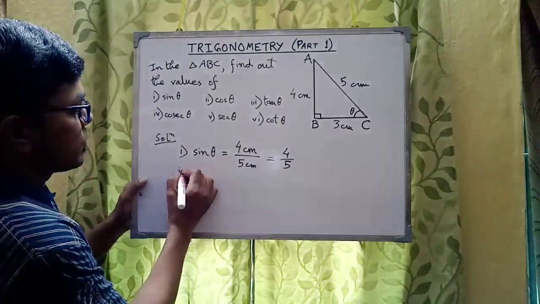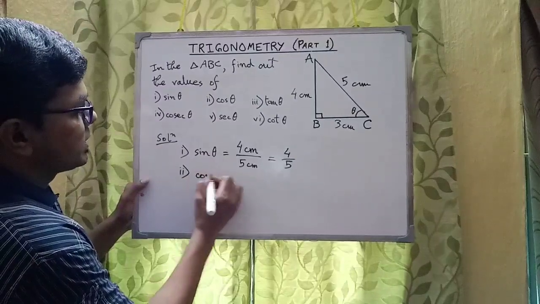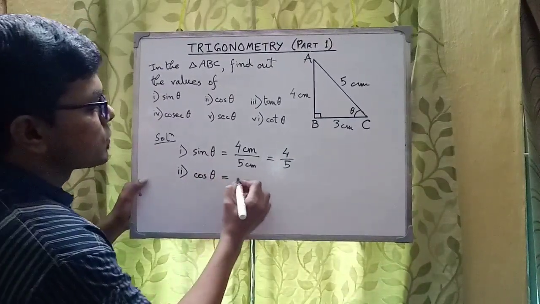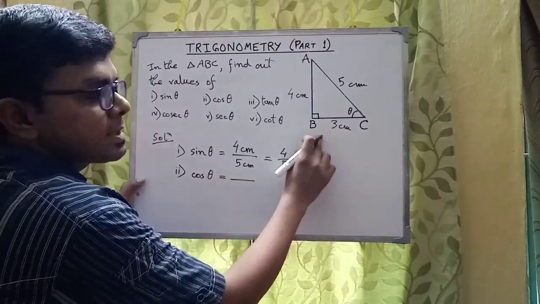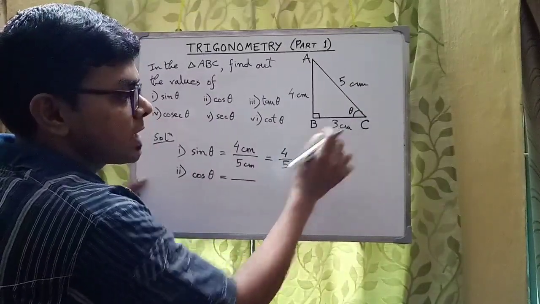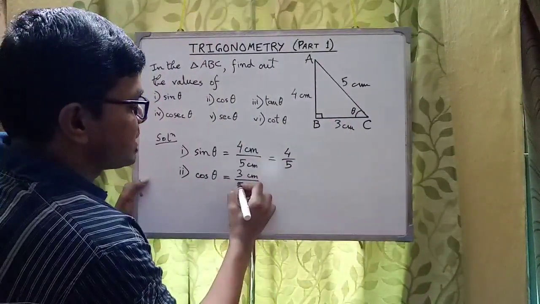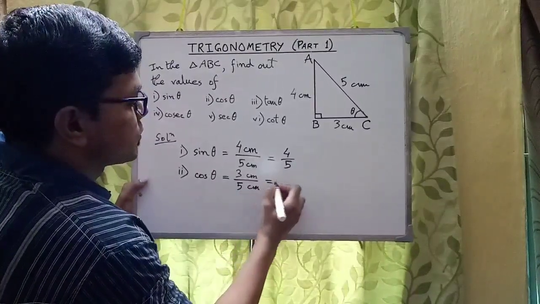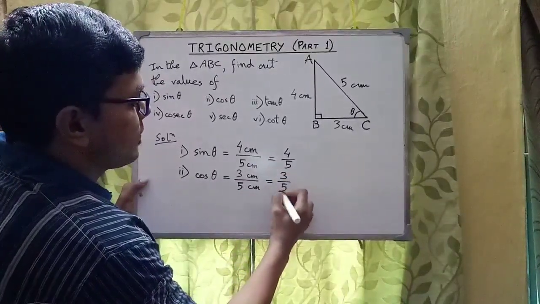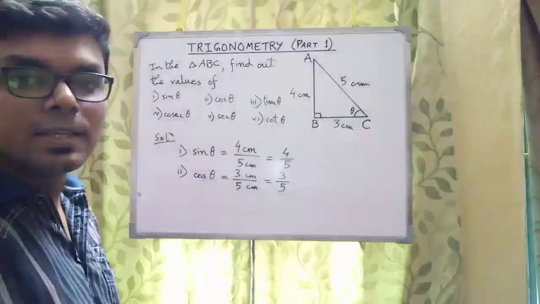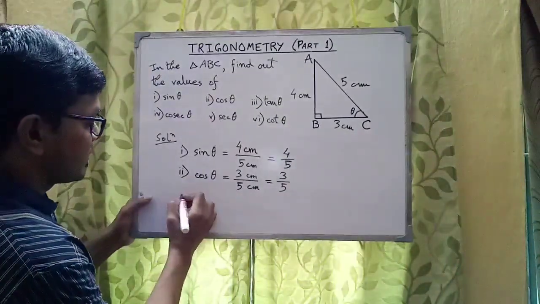Now the next one, cos theta equals adjacent by hypotenuse. So adjacent to theta is 3 centimeter and hypotenuse is 5 centimeter. So that gives us 3 by 5. So cos theta in this triangle is 3 by 5.